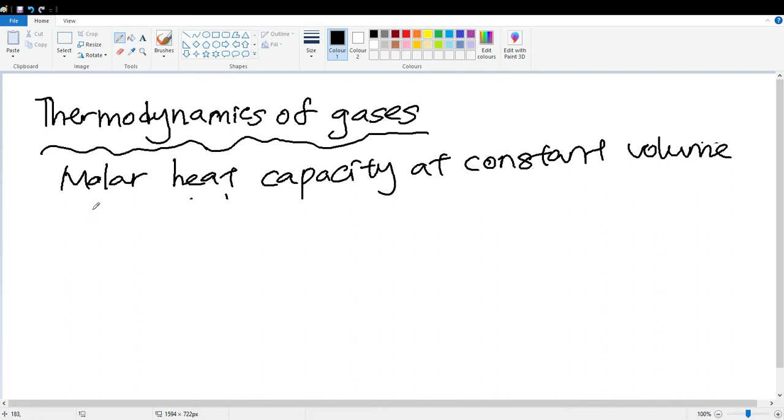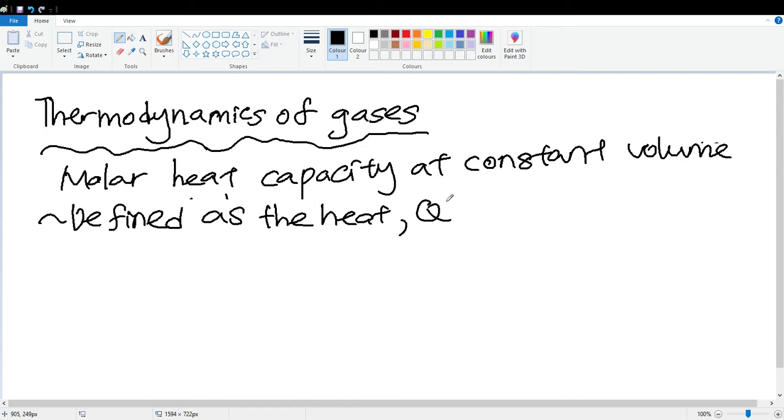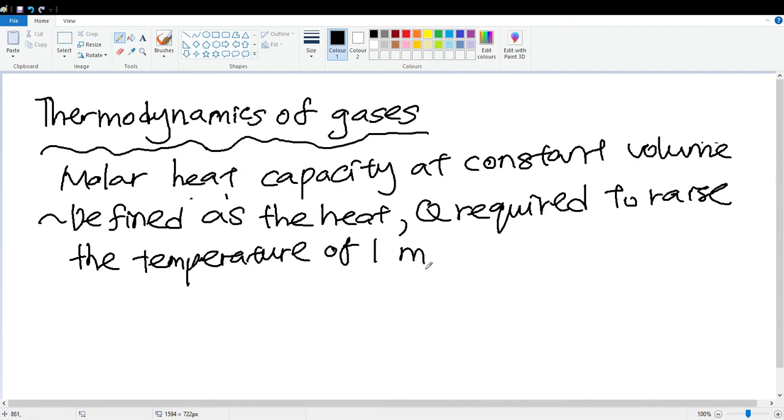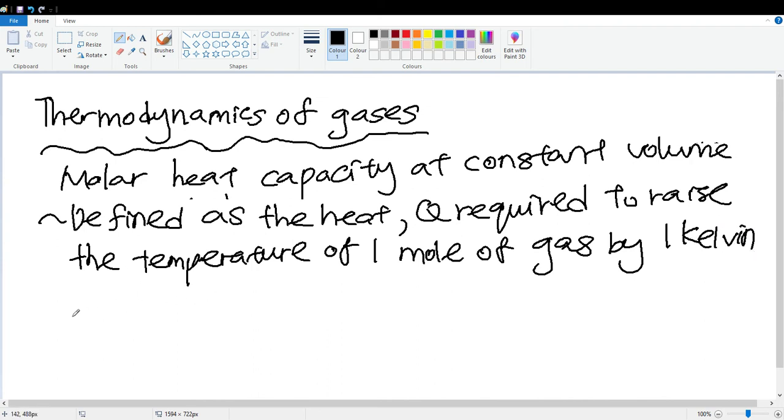It is defined as the heat, Q, required to raise the temperature of 1 mole of gas by 1 K, 1 Kelvin in full, at constant volume.